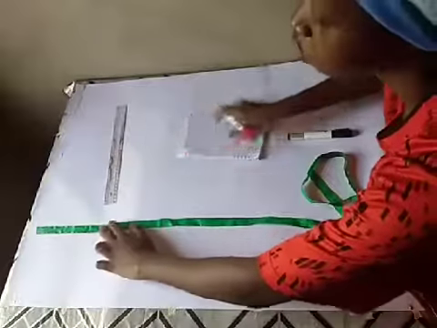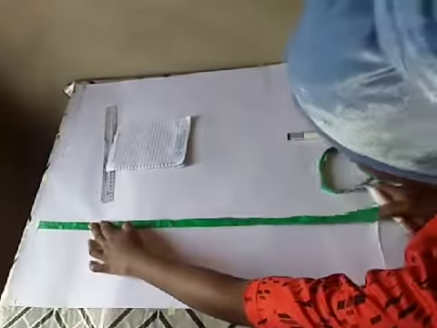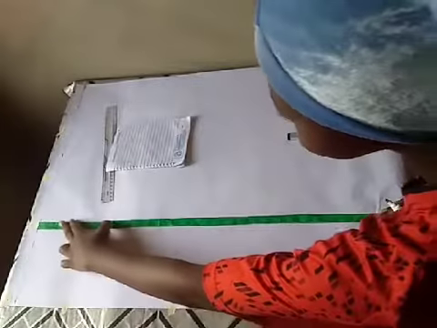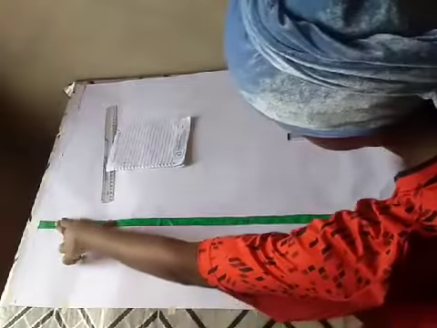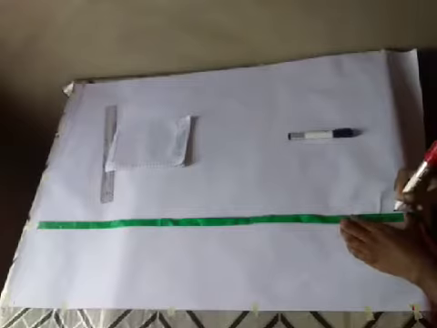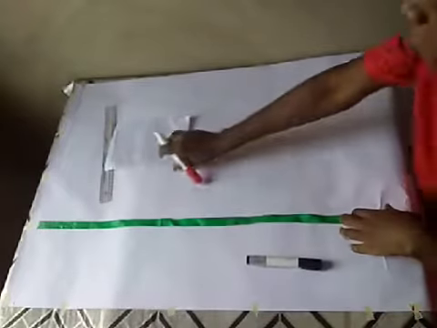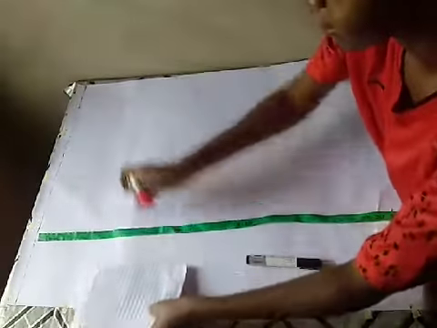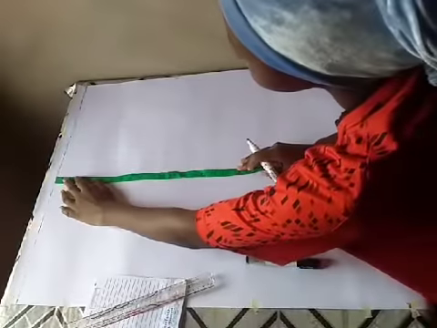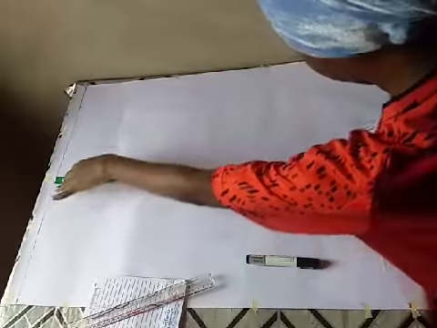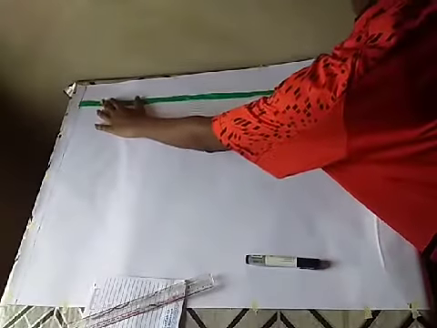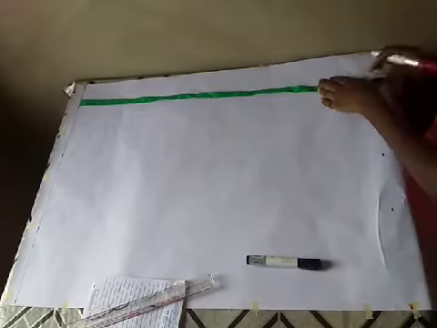So you do that across the paper. Remember I said we are trying to create like a square box where we'll be working. That will form like a grid for us. So this is 30.